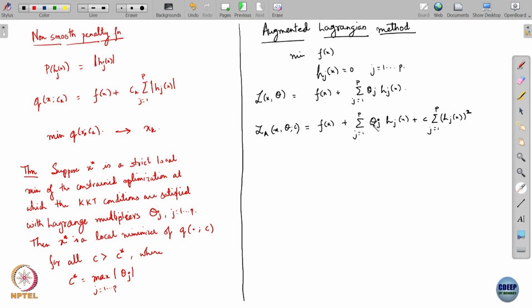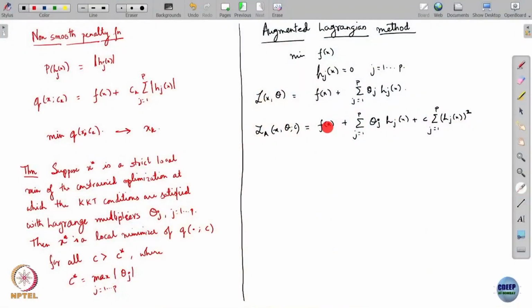The goal is to refine them in such a direction that at convergence, minimizing this augmented Lagrangian would amount to the same as minimizing the true Lagrangian and hence solving the KKT conditions. Let me explain this.